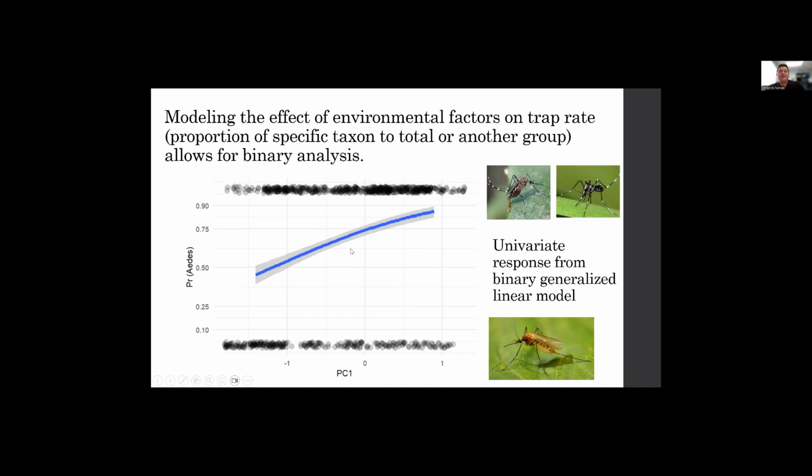Getting into that, on the y-axis here we look at our probability of detecting Aedes, and on the x-axis we can assign some environmental variable. In this case, this is a principal component of the climate. We can see a kind of univariate response to climate where, as this principal component increases, our probability of detecting Aedes over Culex also increases.